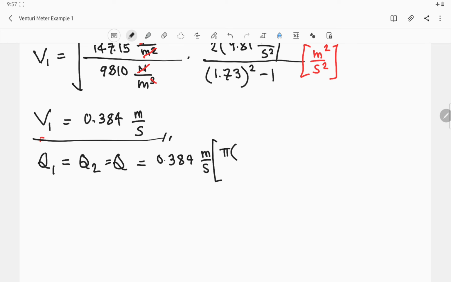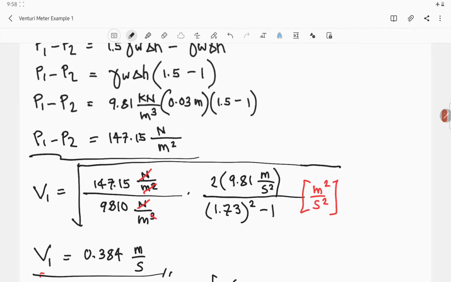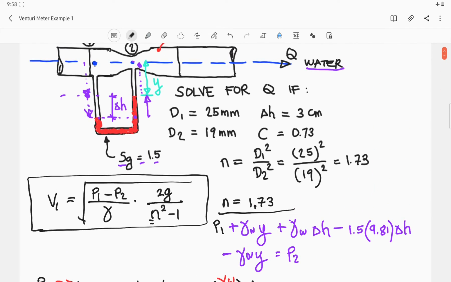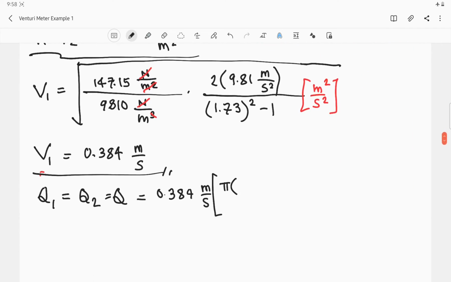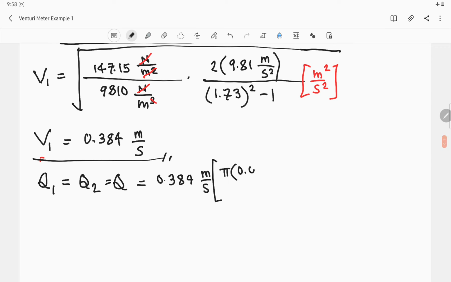That's pi times the diameter at 0.1, that's 25 millimeters, equal to 0.025 of a meter, squared over 4. So Q is equal to 0.384 times pi times 0.025 squared divided by 4.